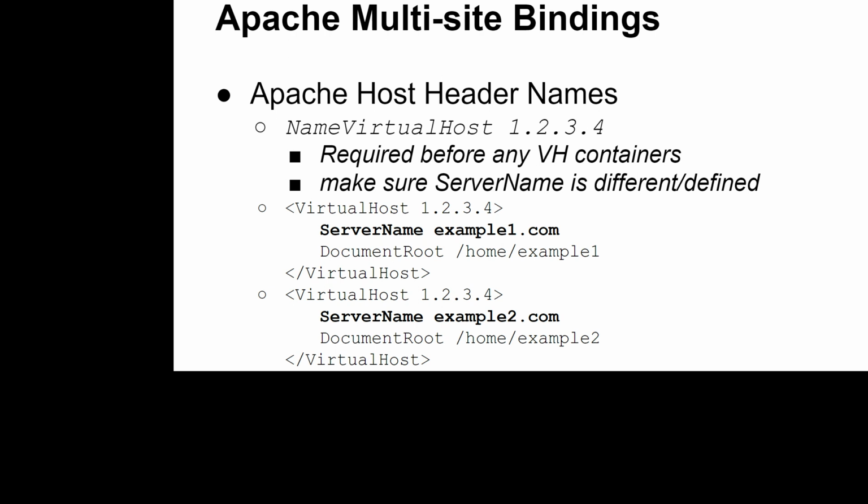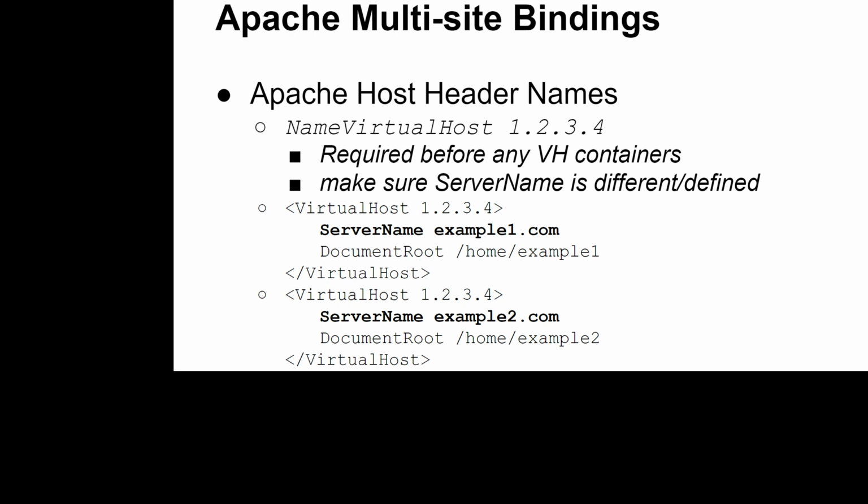You need to give the IP address before any of the VirtualHost containers are created, so that Apache knows that when that particular IP address receives a request, it really does need to double check which domain the web browser is requesting. At that point, you can create your multiple virtual hosts on that same IP address, but you need to make sure that the ServerName directive is included under each different virtual host.